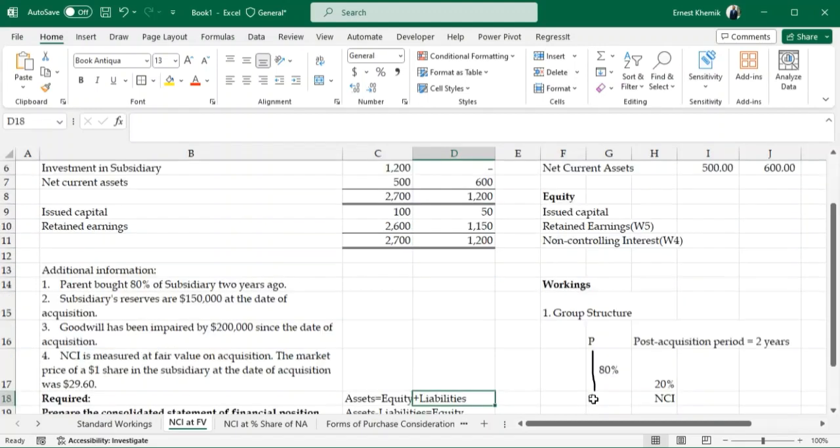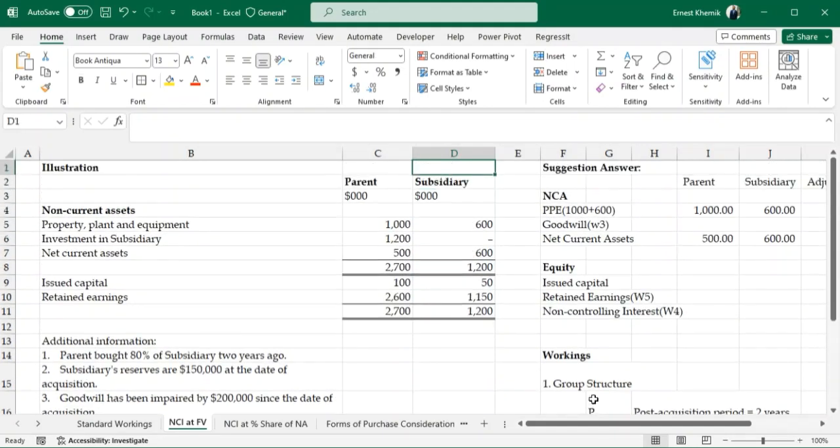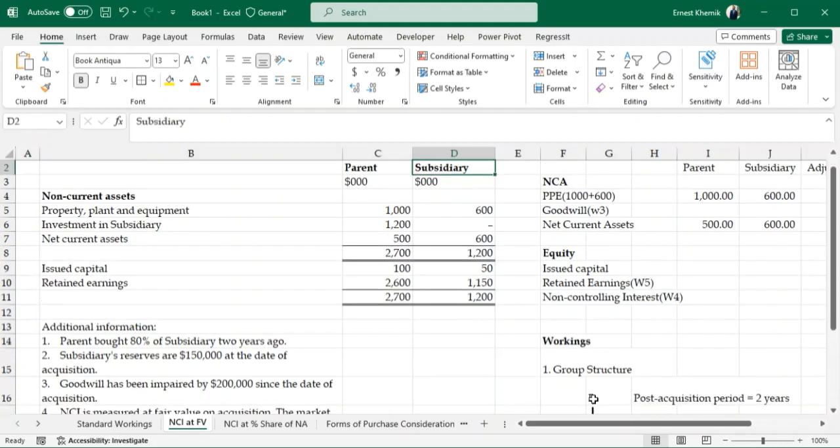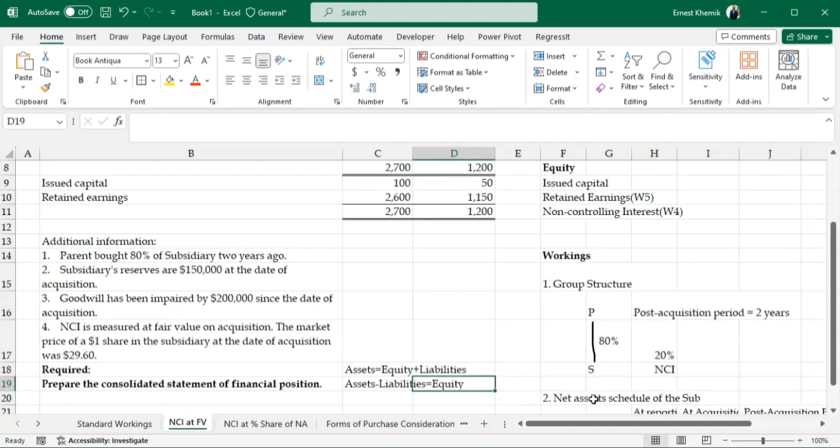All right. Now in this particular video, this is a hypothetical question, so we don't have any dates here. But the date of the financial statements that have been prepared for us to consolidate is the reporting date. Then the acquisition date is the date on which the acquisition was done. And in this particular question, the acquisition was done 2 years ago.